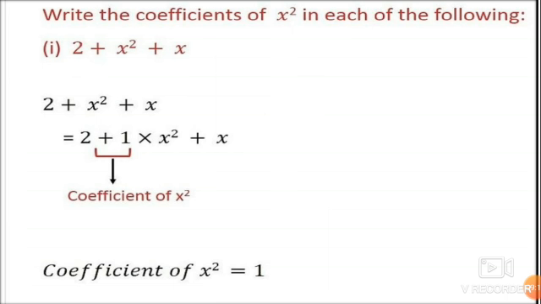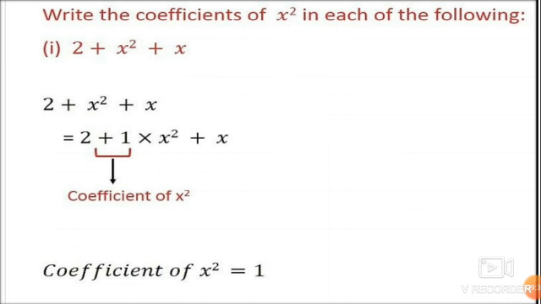Next, write the coefficient of x square in each of the following. Observe the first example: 2 plus x square plus x. Observe the expression clearly. 2 is there, plus x is there, x square is there.